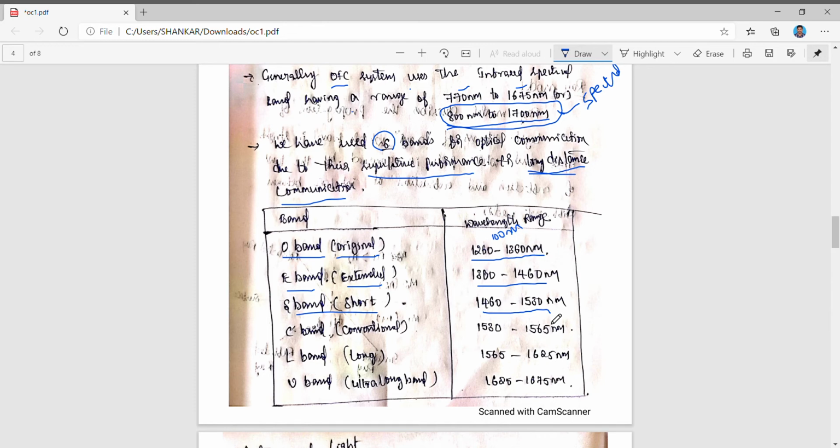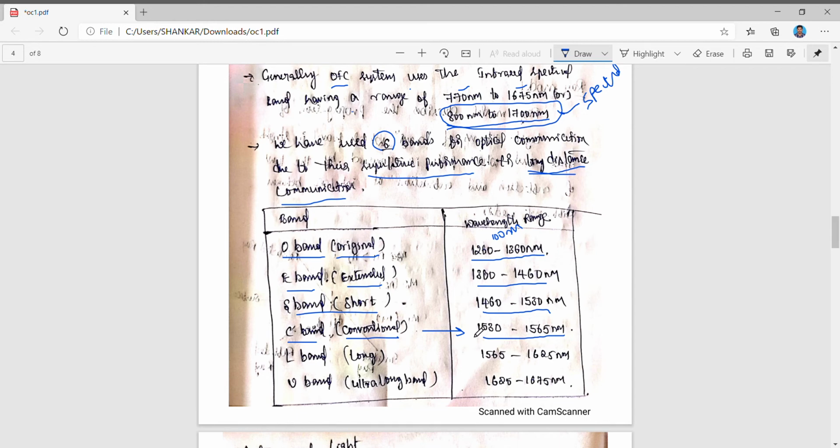Okay, and another band is the C band, also called the conventional band. This conventional band is the most popular in the entire optical communication window, that is 1530 nanometer to 1565 nanometer.